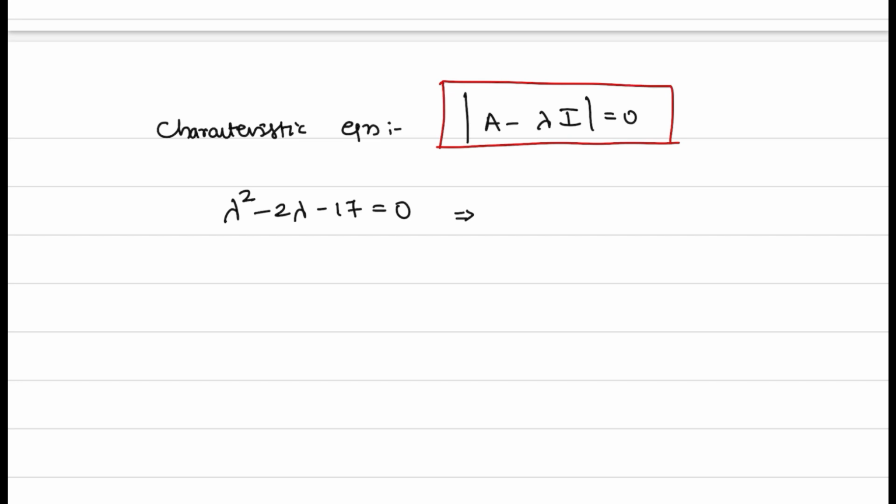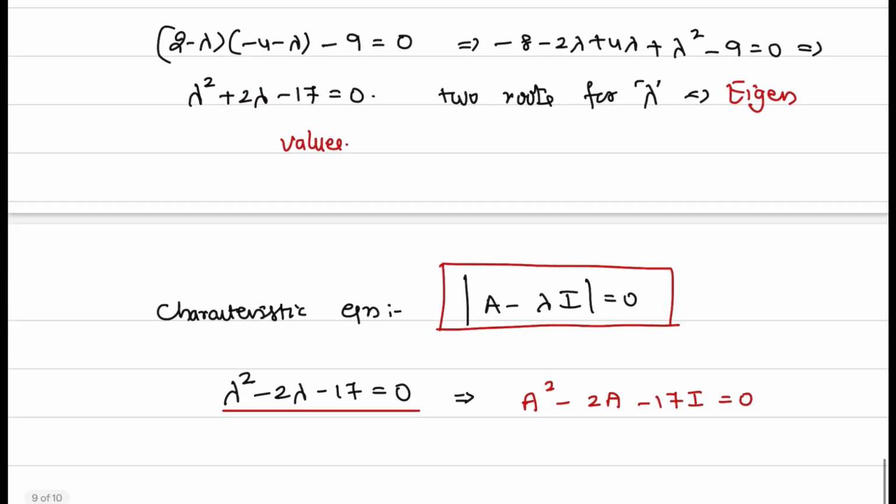When this is the characteristic equation, you can replace lambda with A: A square plus 2A minus 17I is equal to 0. Is it plus or minus? Plus.